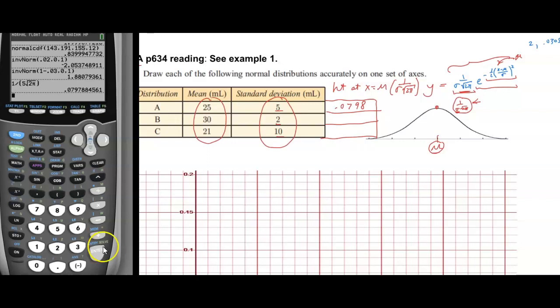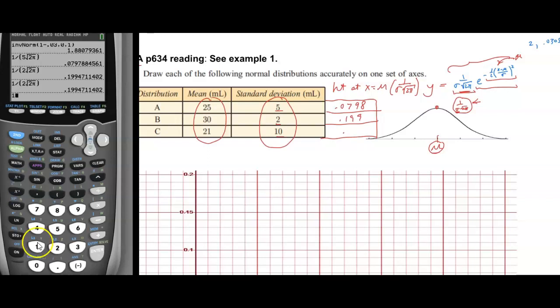Let's do it for sigma equals 2. So sigma equals 2 would be 1 divided by parentheses 2 square root of 2 pi, right arrow, close parentheses, 0.199. Okay, last of all, we're going to do sigma equals 10.